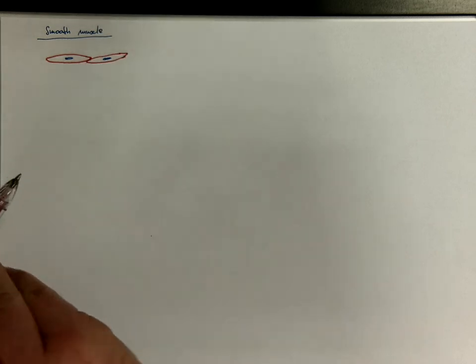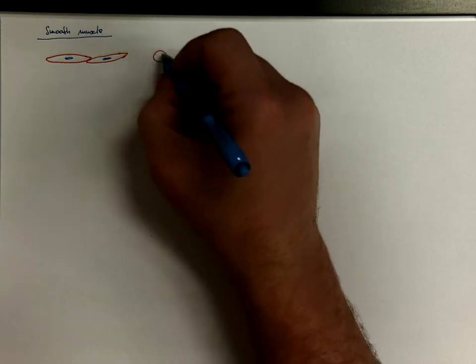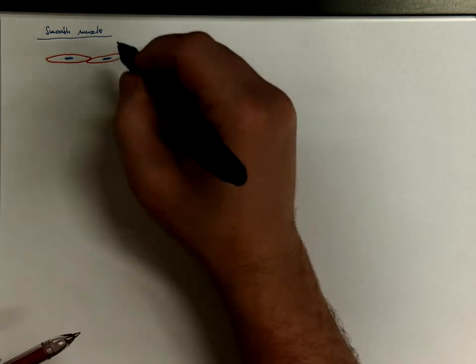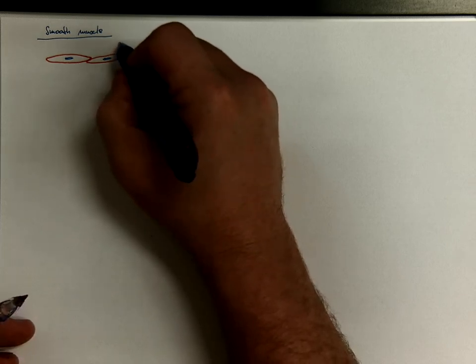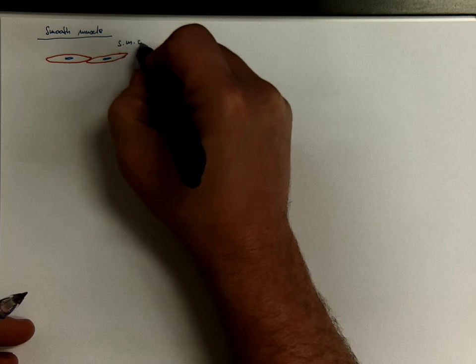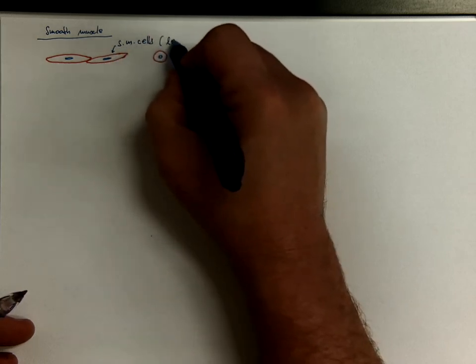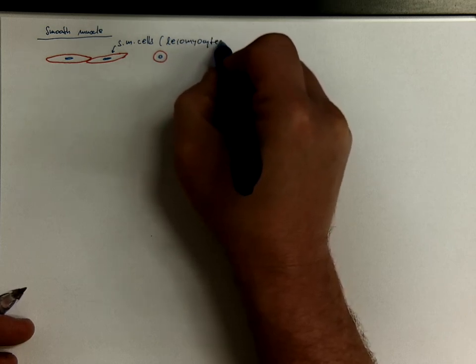So this is a longitudinal section. In a cross section, it would appear like that. So we got smooth muscle cells, also called leiomyocytes.